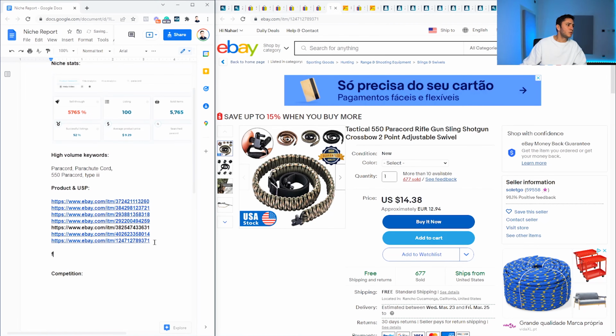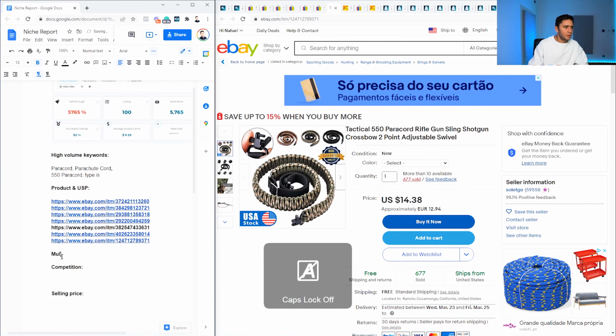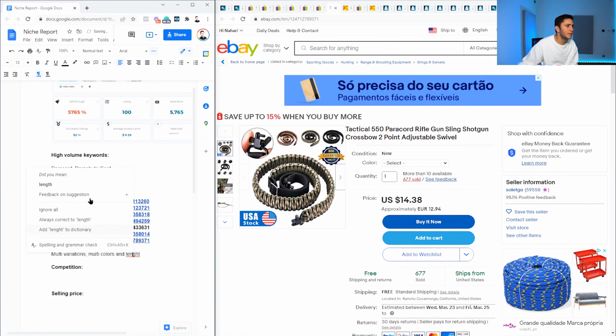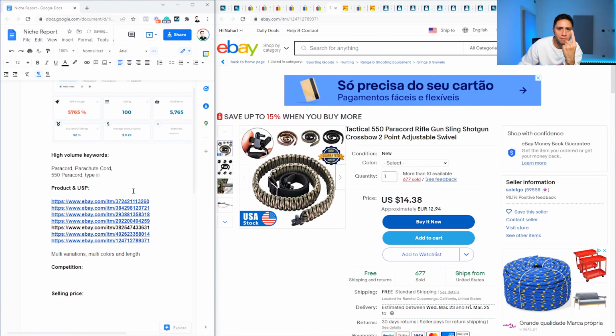And second thing, I will write the USPs. So the USPs here, it's very simple. It's multi-variations, right? Multi-variations, multi-colors, and length. What is the unique selling proposition of selling this kind of product? The unique selling proposition is that you can have one type of product.